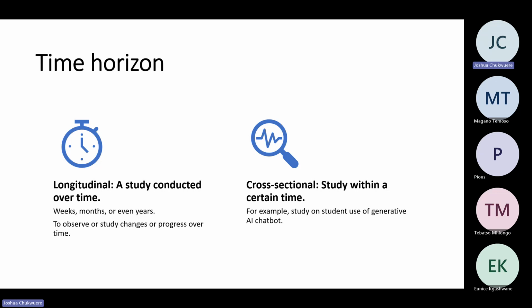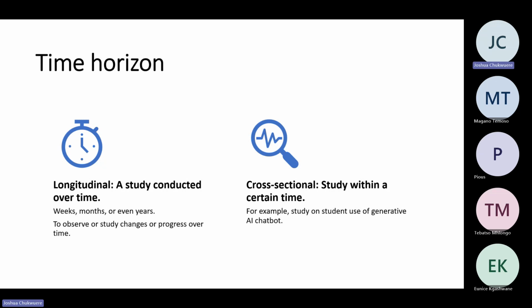Okay. So now we have two main types of time horizon. The first one is longitudinal time horizon, and second is cross-sectional. Within the longitudinal time horizon, it focuses on the study that is done over time within phases.